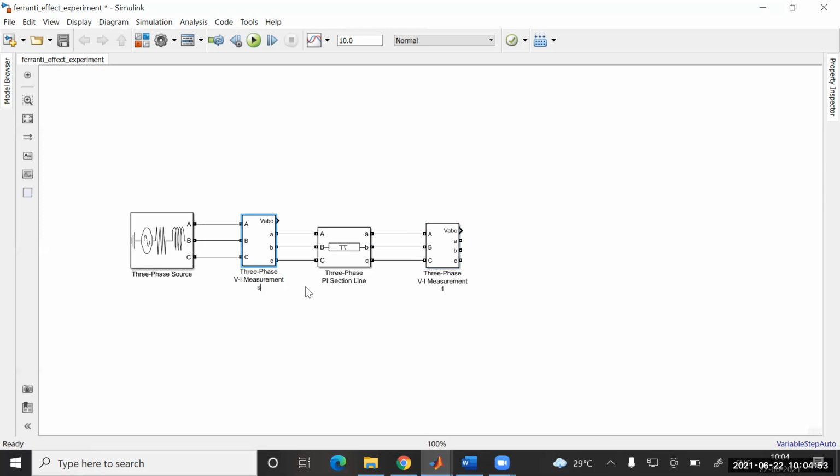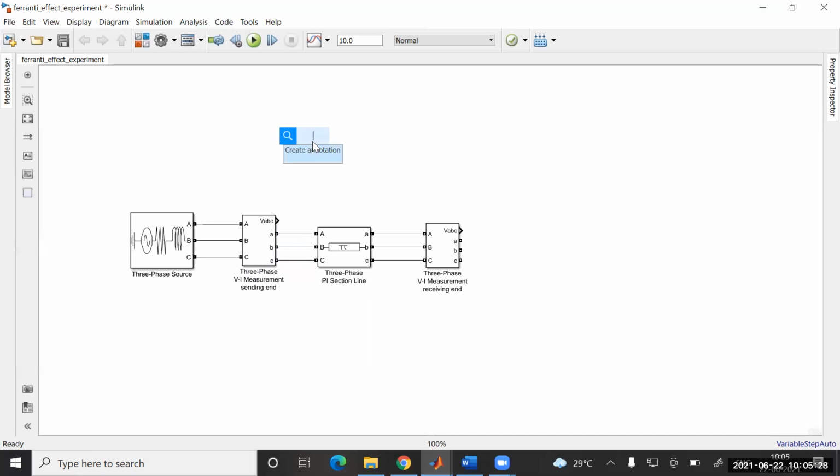So we'll change the names. The measurement would be your sending end. We'll write over here receiving end. Okay, so this is your display part, this is your sending segment, and this is your receiving segment. Right now, what you need to connect is the measurement unit.